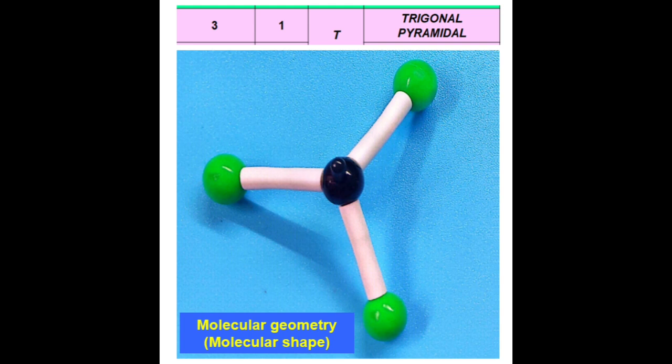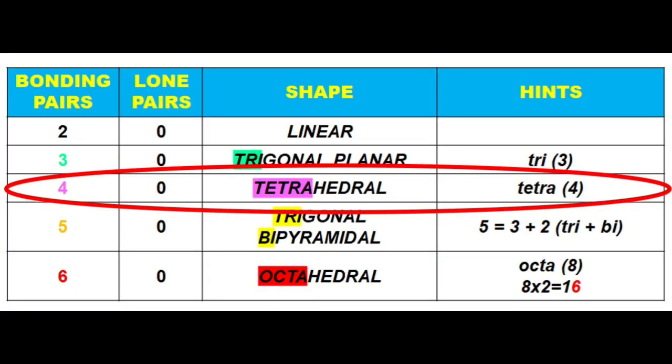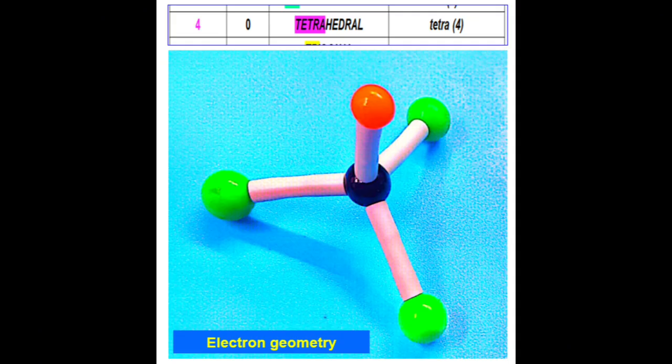If we consider electronic geometry, it differs from molecular geometry. So molecular geometry is trigonal pyramidal, but electronic geometry will be tetrahedral. It will be tetrahedral because we will consider all 4 electron pairs, all of them.